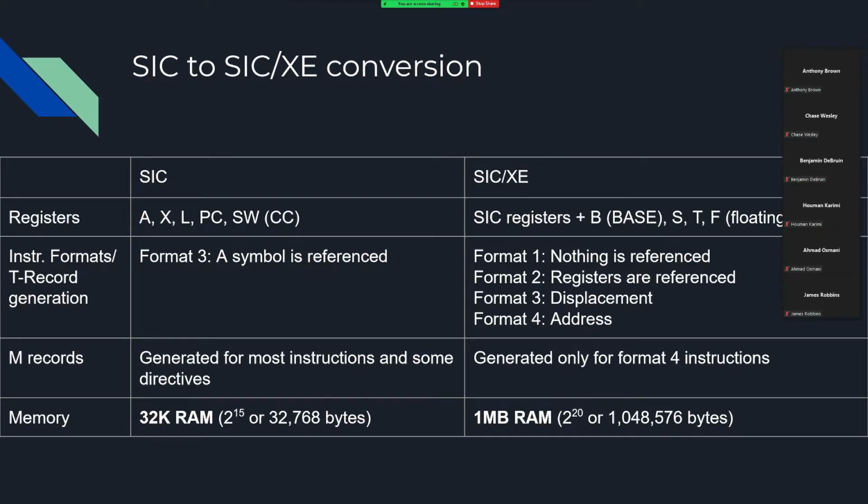There's three new formats in XE. The first one, nothing is being referenced. There's no operand. The second one works on one or two registers, and 3 and 4 are two different ways to work with the extended memory size, since now SIC XE has 1 megabyte of RAM instead of just 32 kilobytes. And then M records are handled a little bit differently as well.